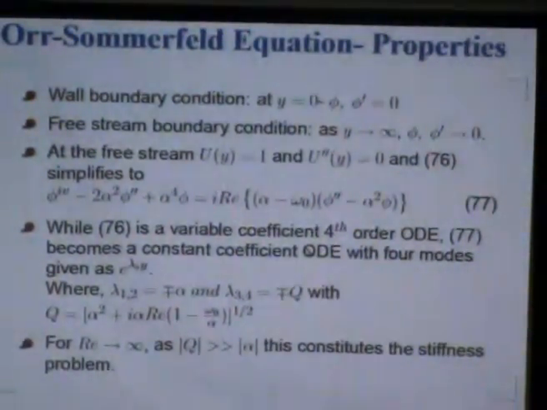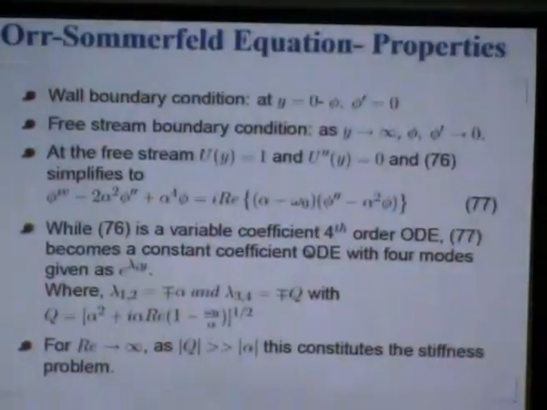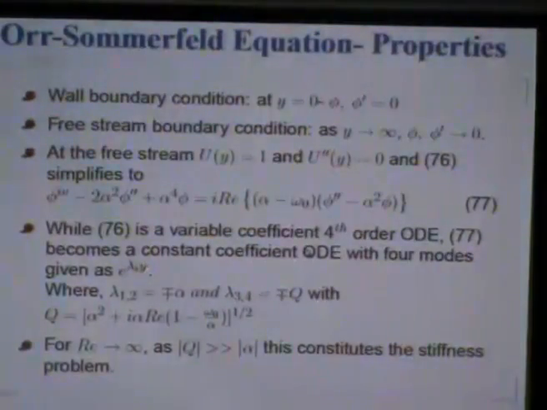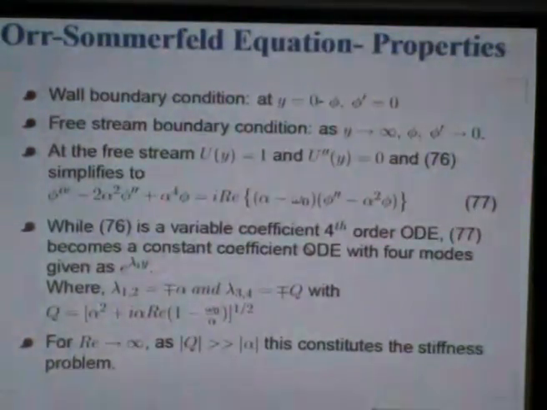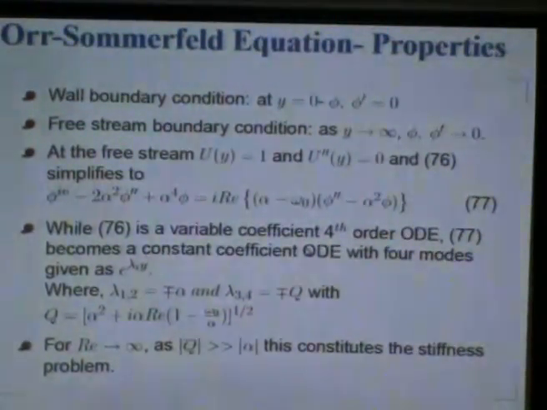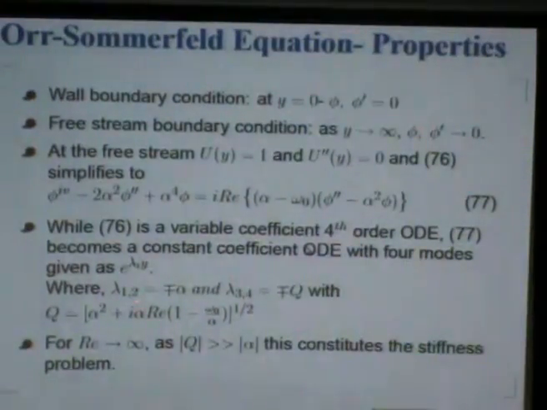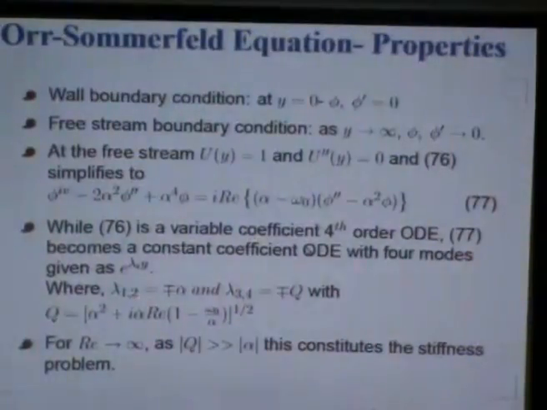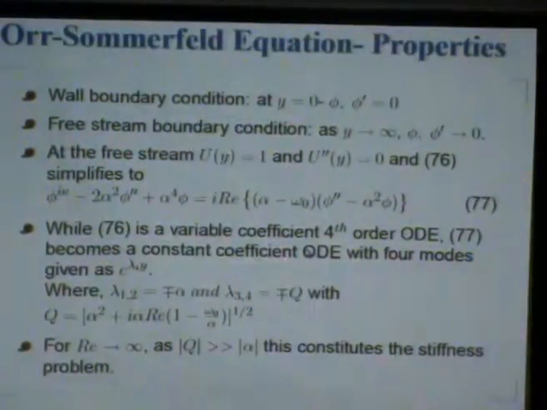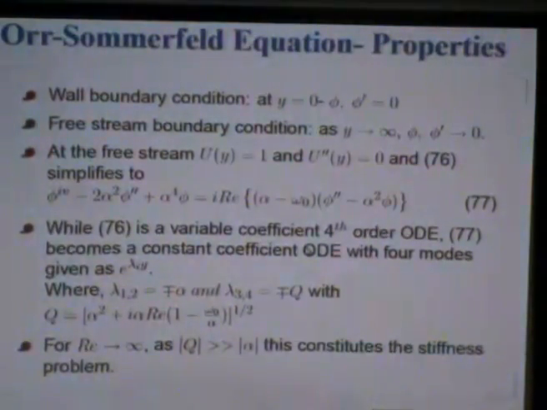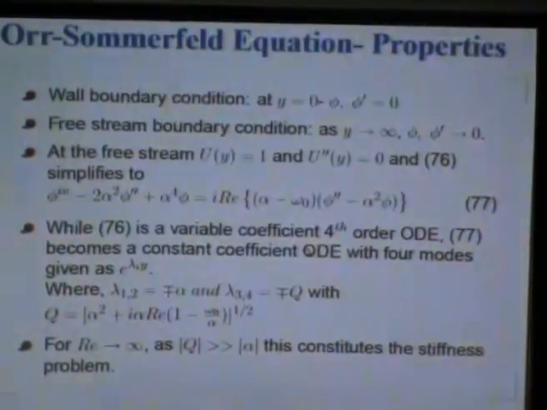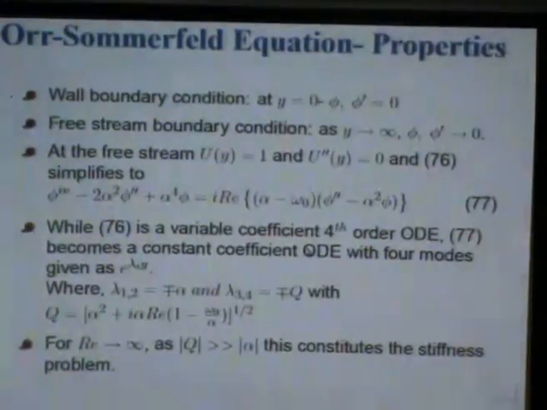And once you get that, it is easy for you to start off with a given mode like e to the power lambda i y, plug it in this equation, and then you would get a polynomial for lambda, and 2 of its roots are given by minus and plus alpha, and 2 of them are given by minus and plus q, where q is this.